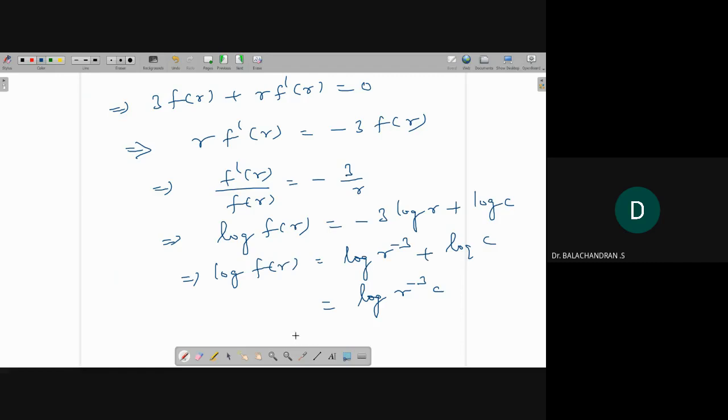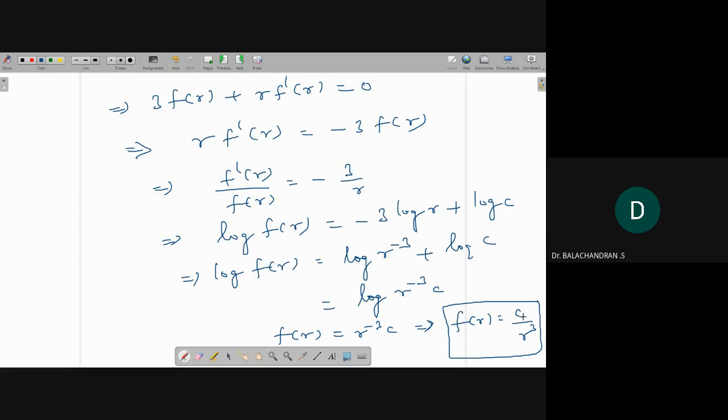So this is log f of r. So f of r equal to c by r cube, or r power minus 3 into c. This implies f of r equal to c by r cube. Okay. The first part is over, where c is a constant.